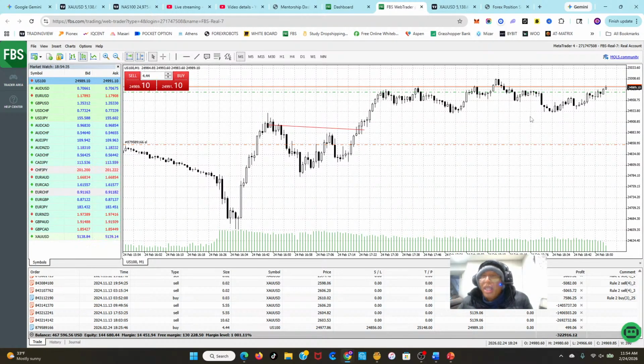Yeah, you can see our stop loss is right there. We can bring it closer so we don't risk anymore, because it's now here. Okay, this is where we entered.